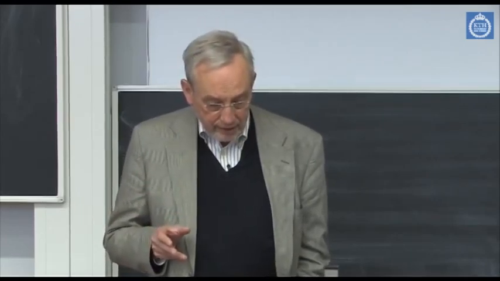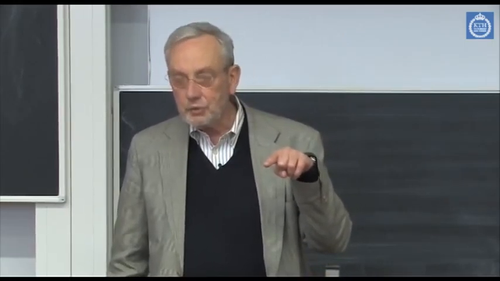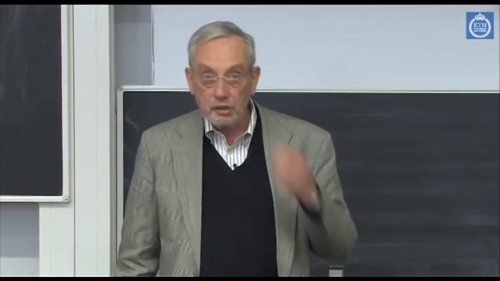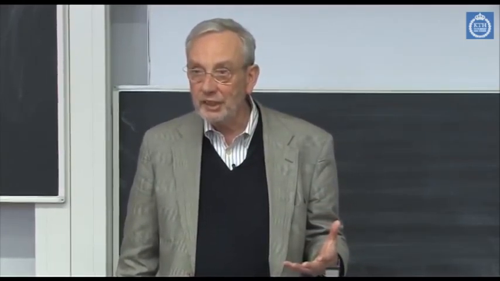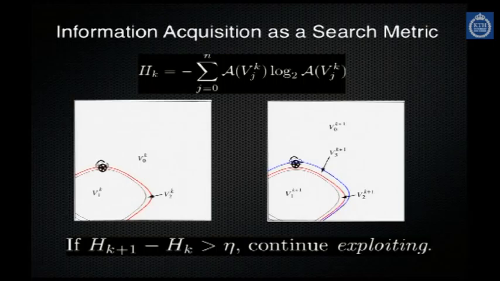And my criterion, very simply, is going to be, with every mapping of a contour line, how does this information metric change? If it changes a lot, then I'm concluding that I'm gathering useful information, and I continue to map more contour lines. If it doesn't change very much, I'm going to go look somewhere else.